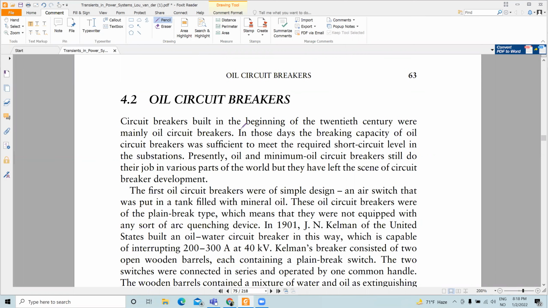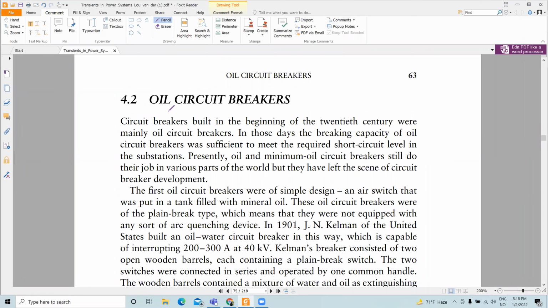One that was used a lot in the past is nowadays not used. I mean, nowadays it's being used, but no new circuit breakers based on oil are coming out. It's only those circuit breakers based on oil that were installed many years ago and are still in service.